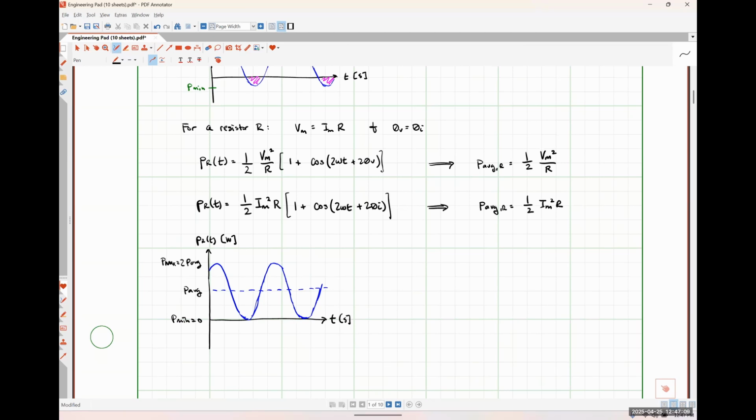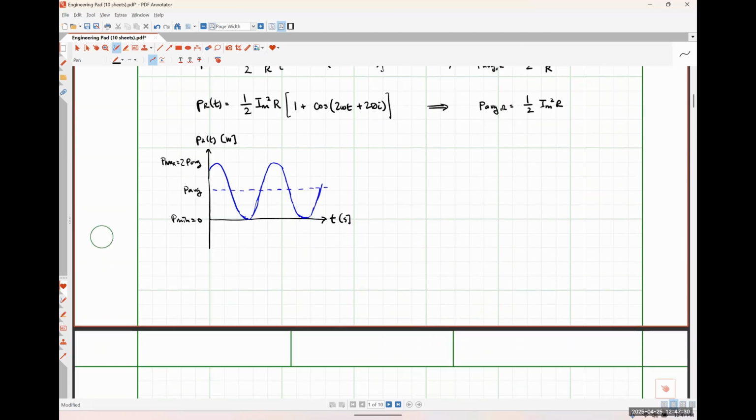So we are going to have, for a purely resistive load, it's going to contribute only absorbed power that is oscillating between some maximum value and 0. And that maximum value, like I said, will always be exactly twice the average power, okay?